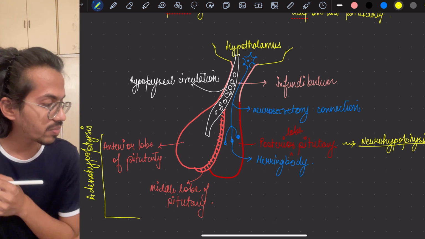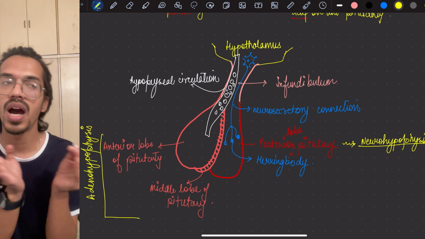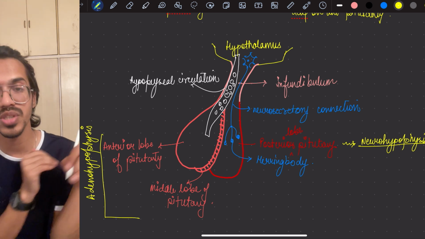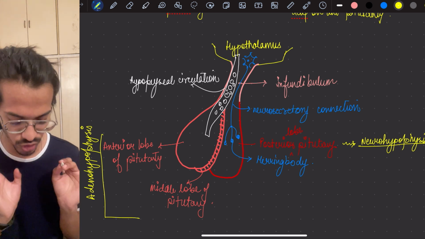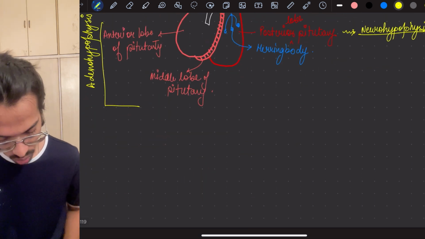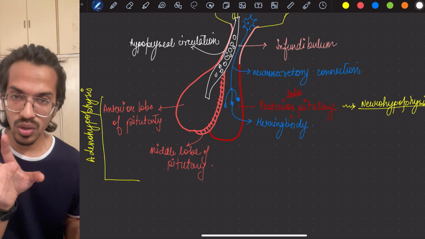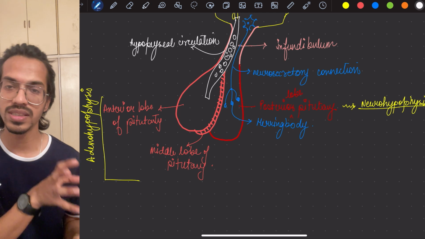Plus there are other names also given to it, like pars distalis, pars nervosa, pars intermedia, for these anterior, posterior and other parts, which is not given in NCERT, so we are not getting into it. Let's see about the pituitary gland. Now here only, if I am telling you the basic, then the anterior lobe, posterior lobe and the middle lobe of pituitary will release certain hormones.